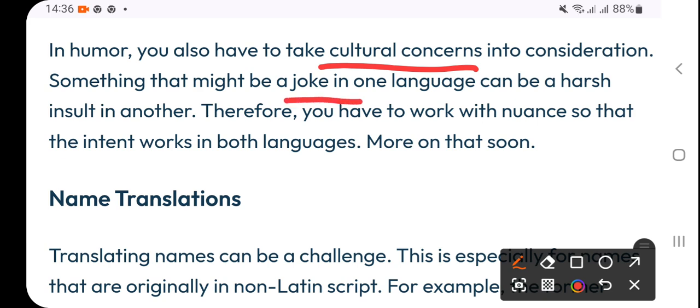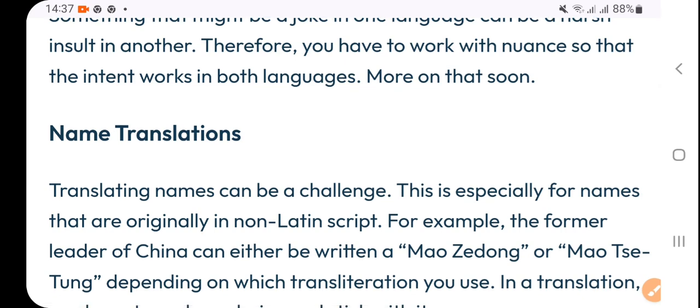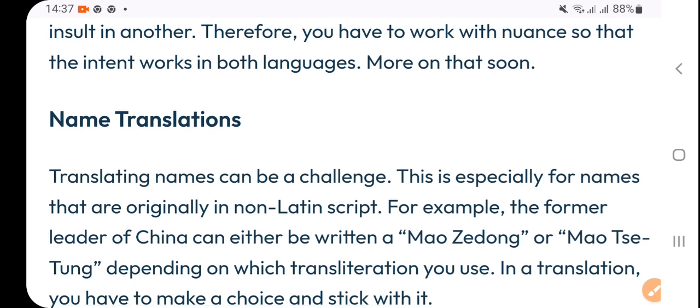Suppose in Hindi we say pagal, right? It might be a lovely word that shows affection, but sometimes it may be a very serious or objectionable word in another language, right? So therefore you have to work with the nuances, so that the intent works in both languages. More on that soon.